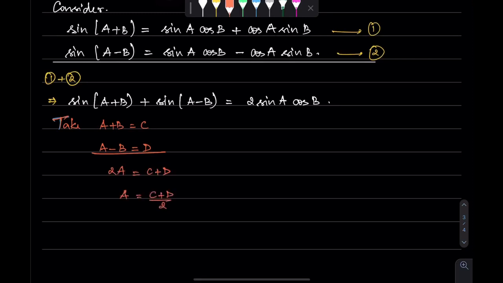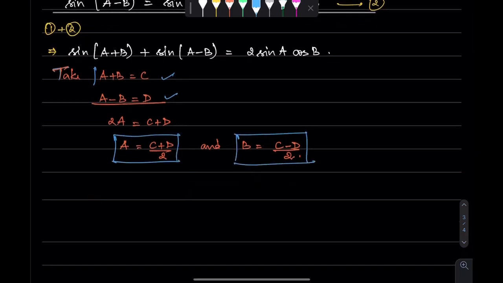Okay. And what do I get for B? B is exactly C minus D by 2. So I'm going to take these values, and instead of A plus B and A minus B, we're going to substitute these 2, and instead of A and B, we are going to use these in this expression. So what do we get here?